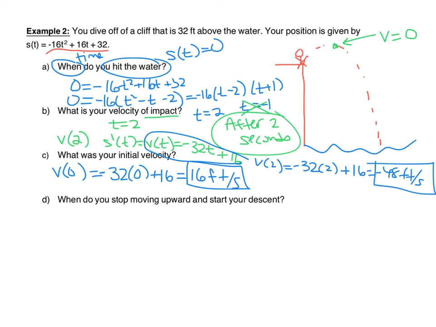Now, I'm going to tell you the calculus reason for that. So if you're in physics right now, you maybe will understand this a little bit better. So the calculus related reason for that is that at this point, if I were to draw a tangent line, it would look like that, and it would have a slope of 0, which means that my position function has a derivative of 0 at that point.